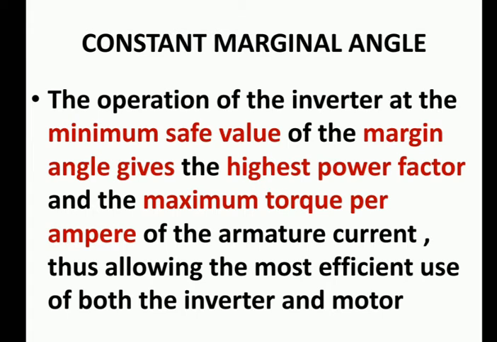In this method, the operation of the inverter at the minimum safe value of the margin angle gives the highest power factor and the maximum torque per ampere of the armature current, thus allowing the most efficient use of both the inverter and motor.